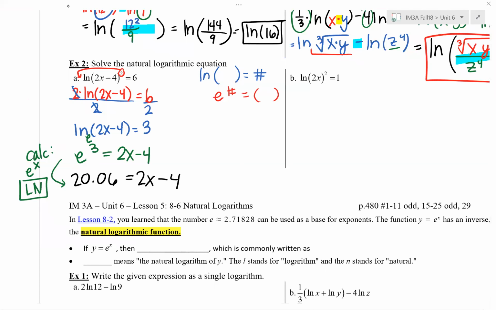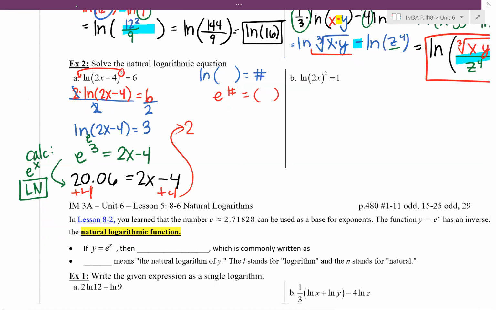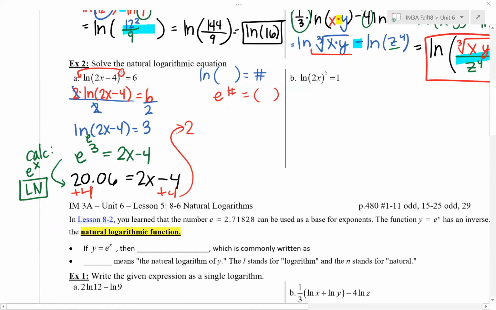I'm going to need to move up so that I can solve this. What I want to do to get x by itself is I first want to add 4. And so when I do that, I get 24.086.